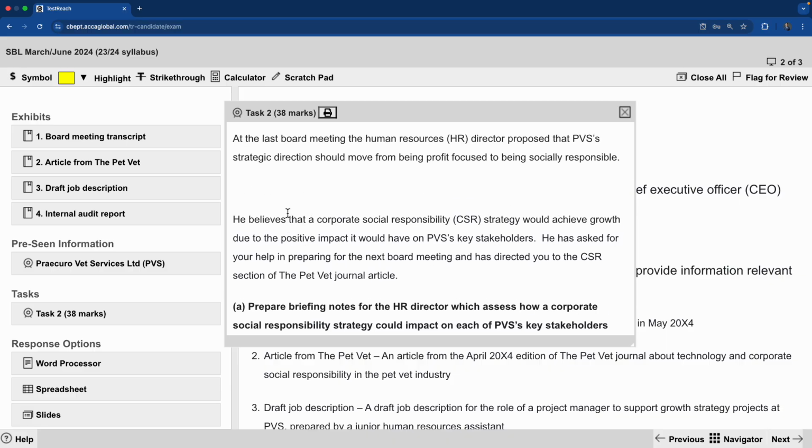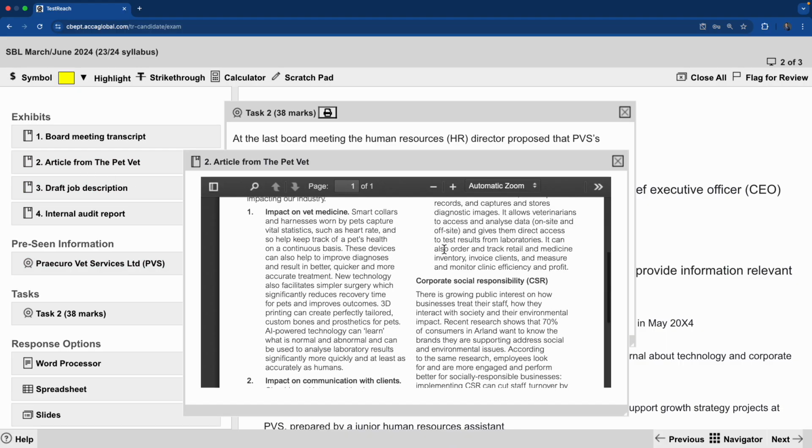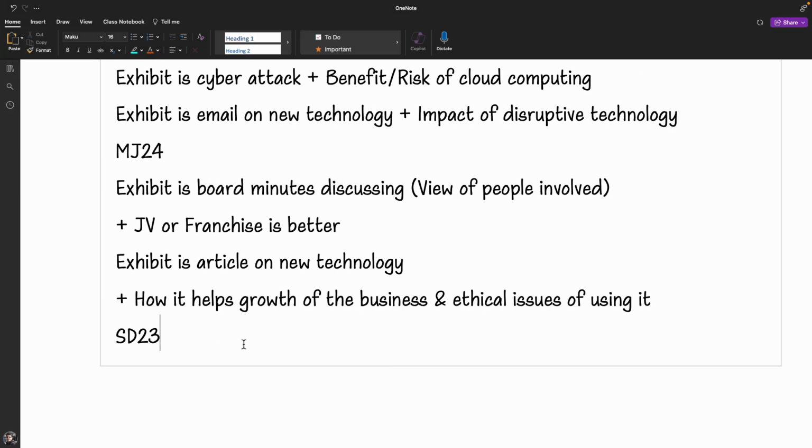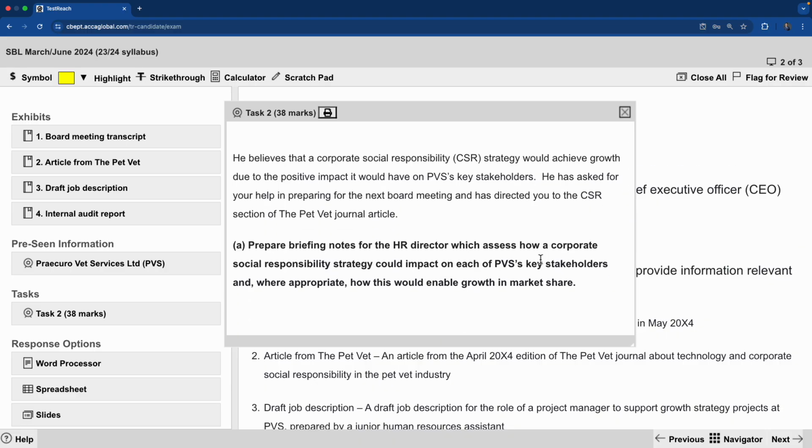The CSR one, okay, you can see has directed to the CSR section of the PetVet journal. So it's still referring to the same journal.